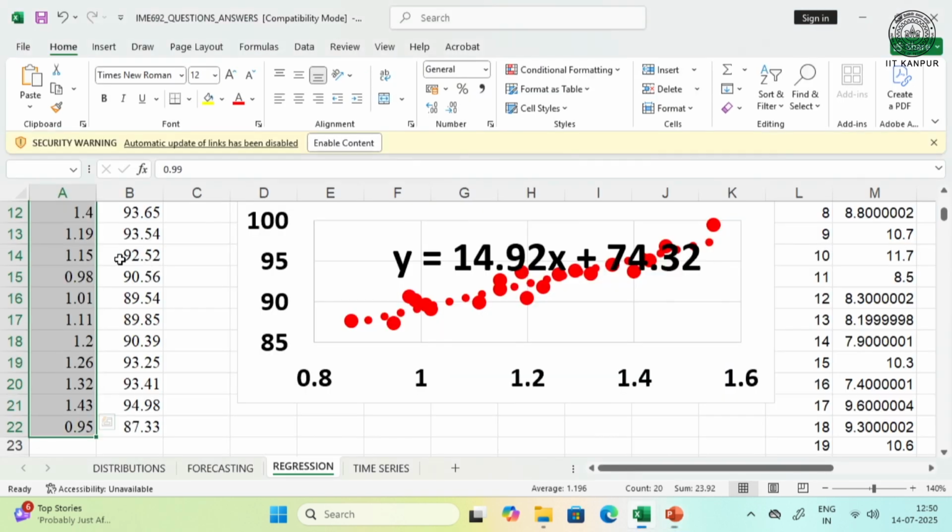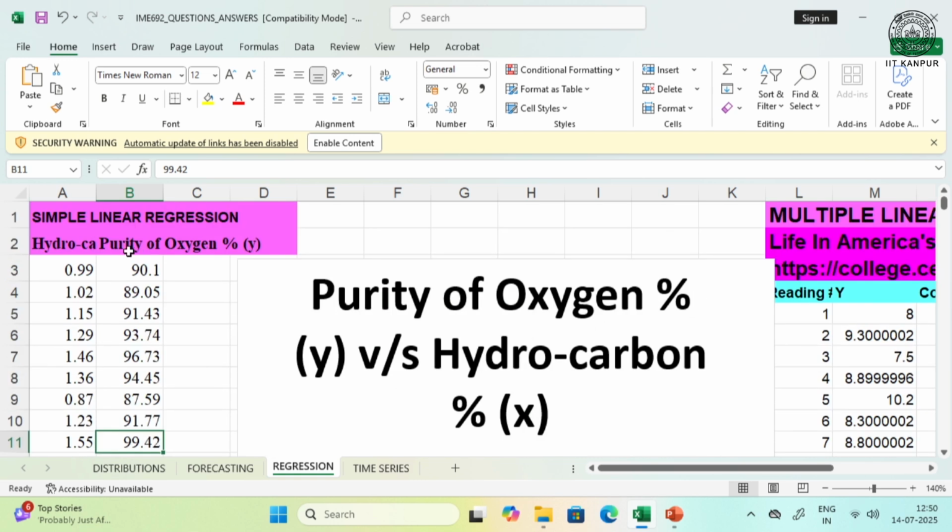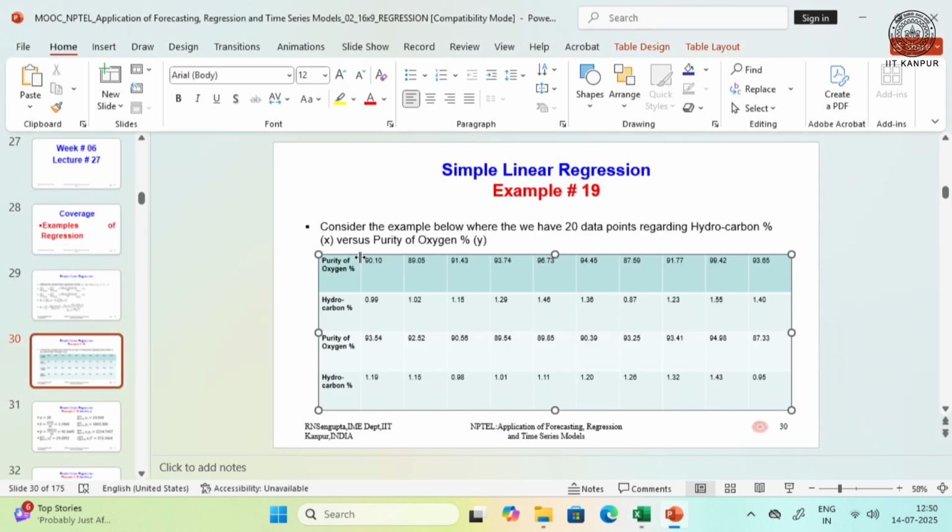The purity of oxygen is given in the next column, column B, and the first value was 90.1, next was 89.05.